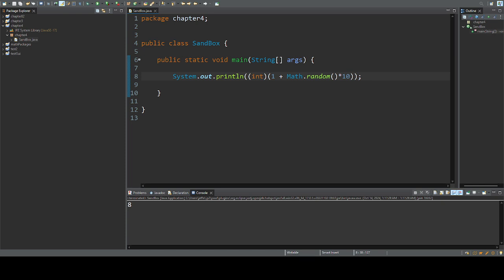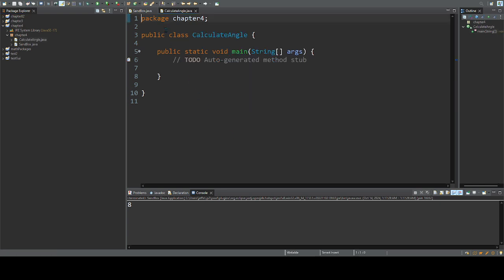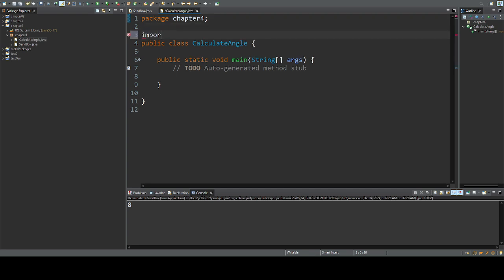So I'm going to come into Eclipse, and I'm going to right-click on Chapter 4 Projects. Again, I know this window doesn't pop up here. I'm going to create a new class, and I'm going to name it CalculateAngle, and I'll give it public static void main. We're going to need input, so I'll start with importing my scanner package.